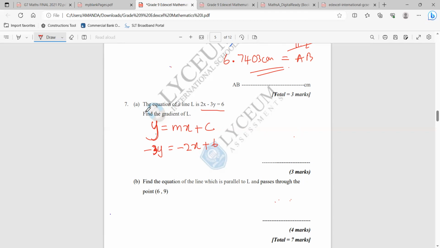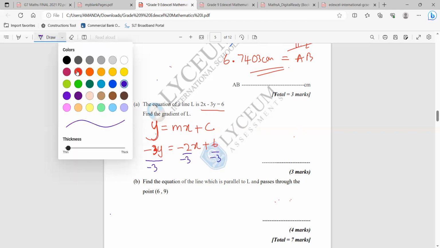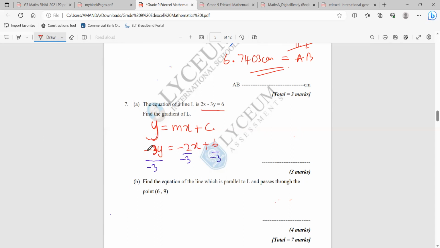So to get positive y on the left hand side, what can we do? We're going to divide each of these terms by negative 3. When you do that, a negative number divided by a negative number becomes positive. So 3 divided by 3 is 1.